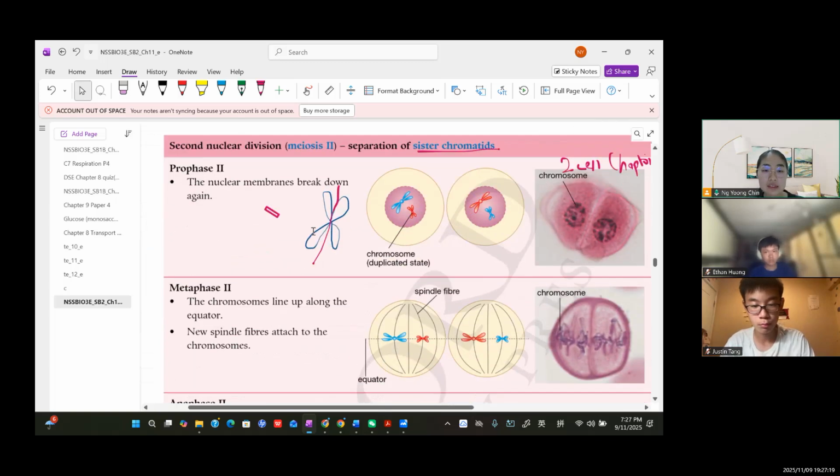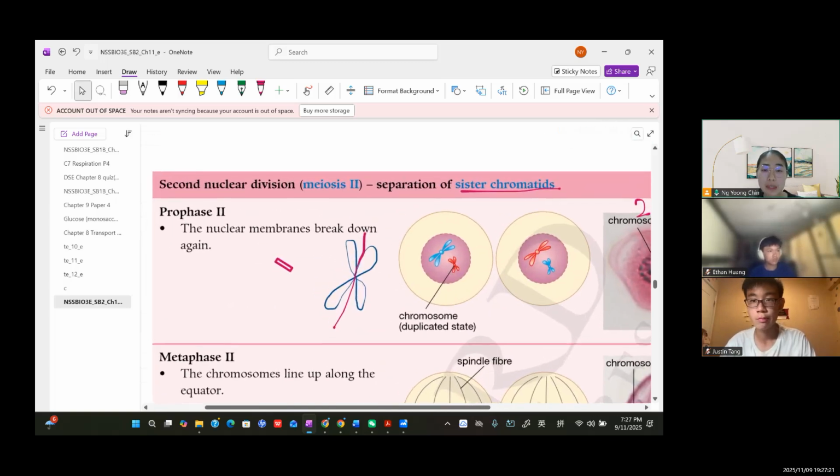Now they will enter the second nuclear division, which is meiosis phase 2. In this process, the purpose of meiosis phase 2 is to separate the sister chromatids.